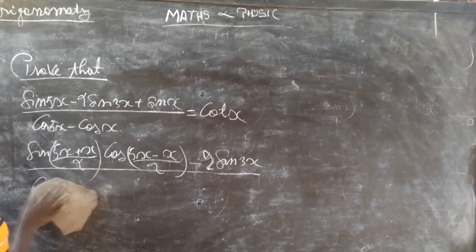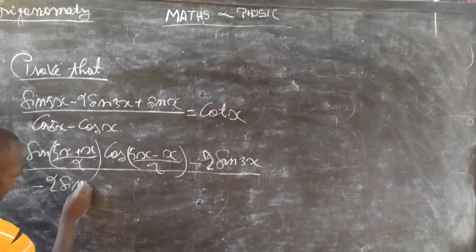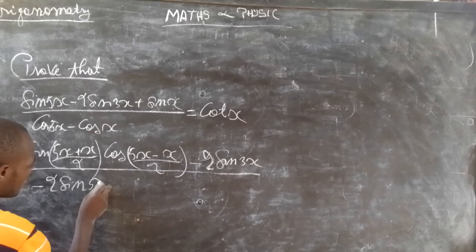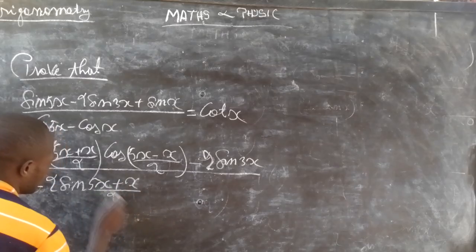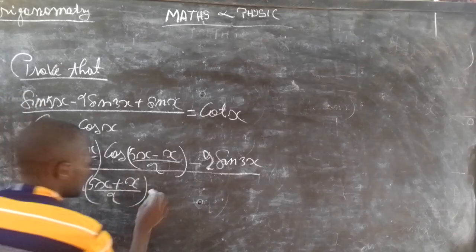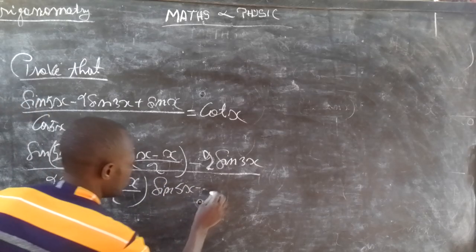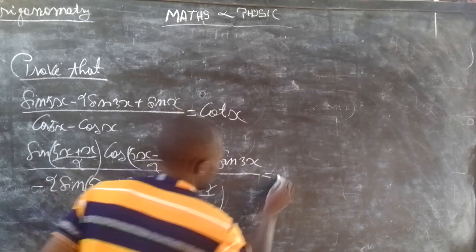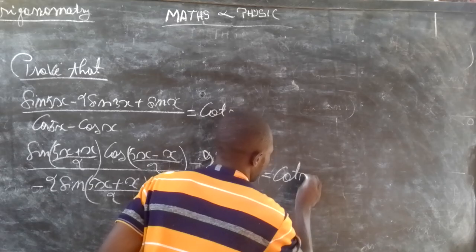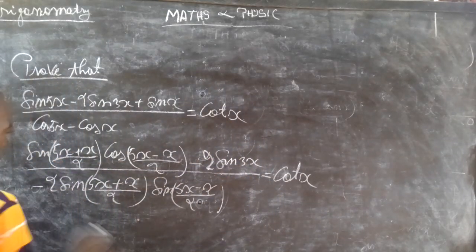Here we will have negative 2 sine (5x plus x) over 2 times sine (5x minus x) over 2, which is equal to cot x.